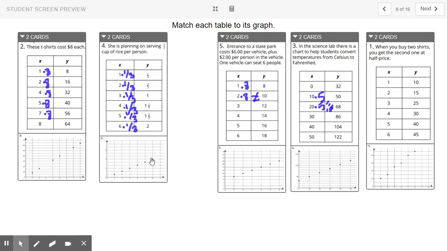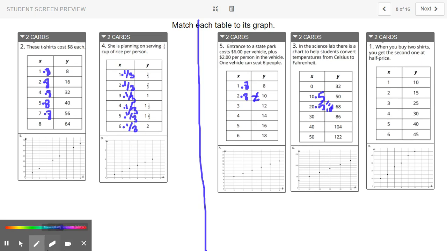Start looking at these and seeing what it is that you're noticing about them. Do the proportional ones have anything in common? I'll even draw a line. We know that these are proportional, these are not. Do the ones that are not proportional have anything in common, or are they different from these? Think about that.